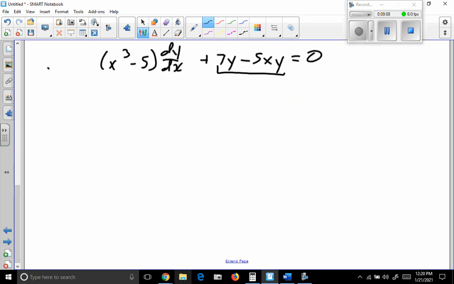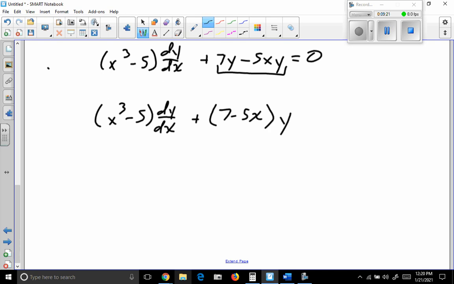Since both of these terms have a y, we can factor out a y, and I'm going to put the y on the right side of the factor here, and that's going to leave us 7 minus 5x. So let's look at what we have. We have our derivative, dy/dx. We have our function, or our y, first power, not a derivative.